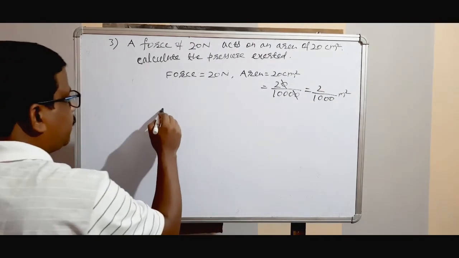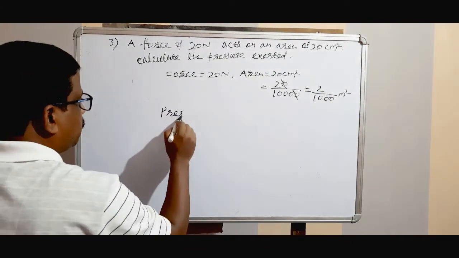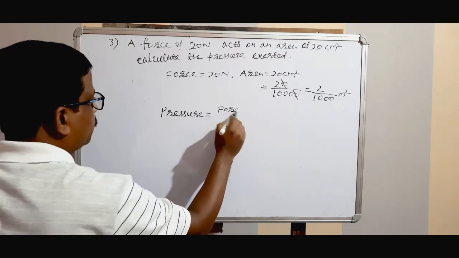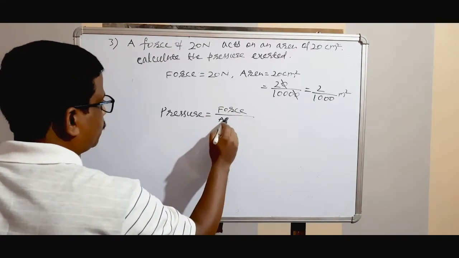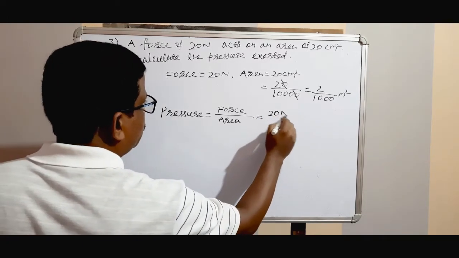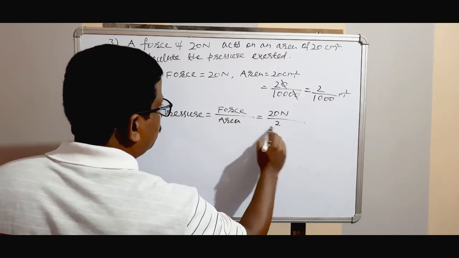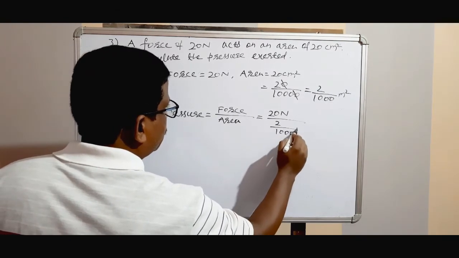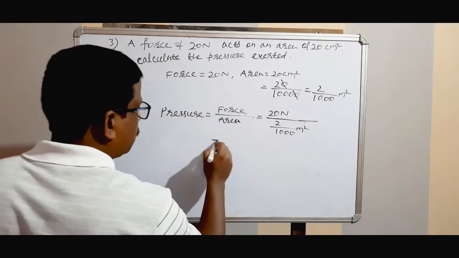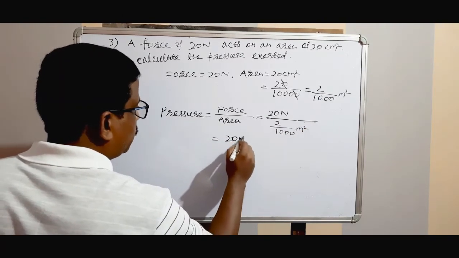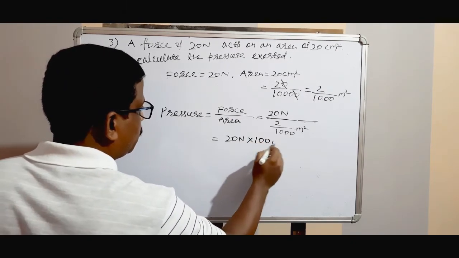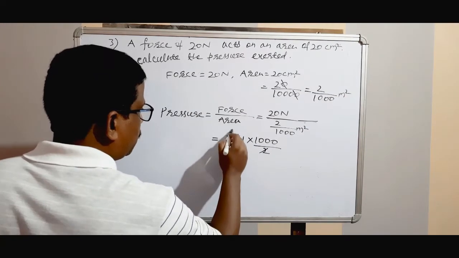Now you find pressure. Pressure is equal to force by area. So force is given, 20 Newton, by area, 2 by 1000 meter square. So 20 Newton divided by it means multiplied by the reciprocal, 1000 by 2, which is 10.